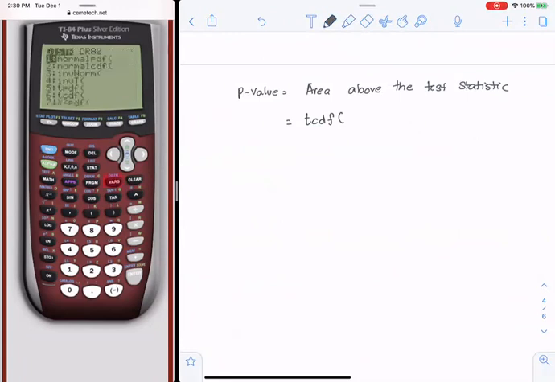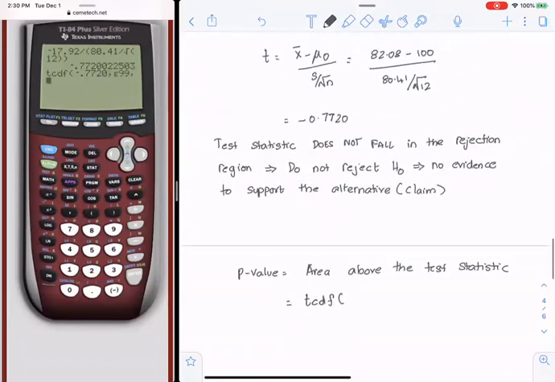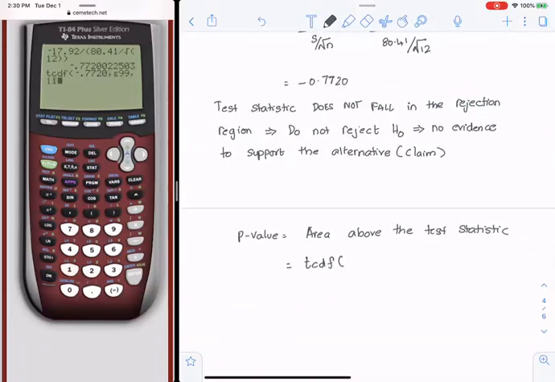But we could find that answer numerically. So second was TCDF. We start at negative 0.7720, which is the test statistic. We end at E99, and the degrees of freedom is 11. Enter.